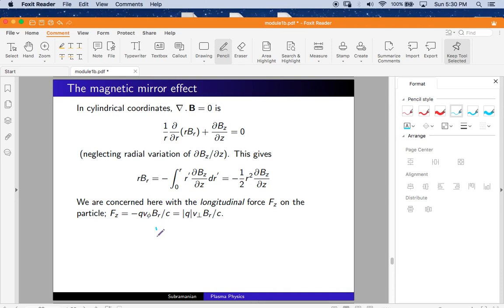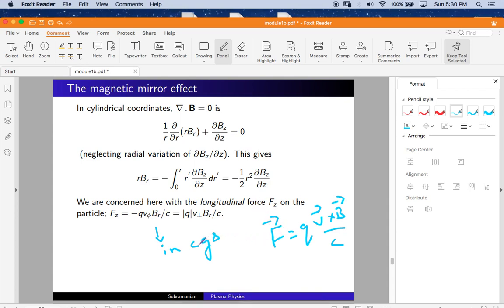This is written in CGS units, which is why you have the appearance of this c, the velocity of light. So this is simply F equals q v cross B over c. The z-directed component of F would have the v_phi times B_r. That's the only way you'll get a v_z.